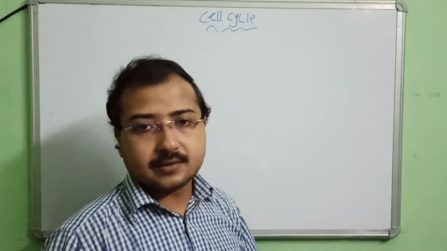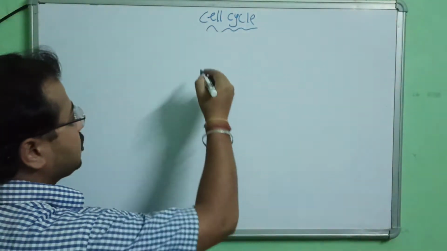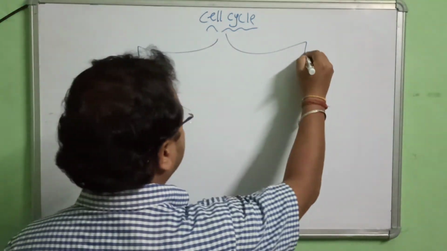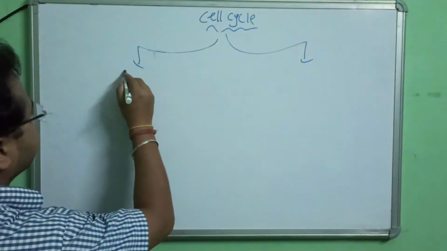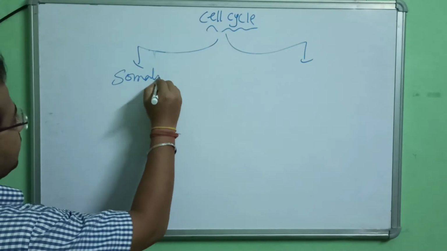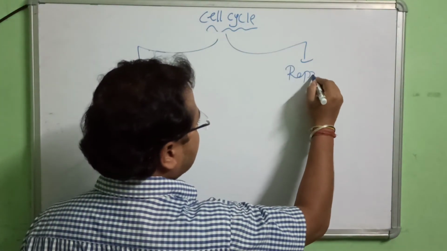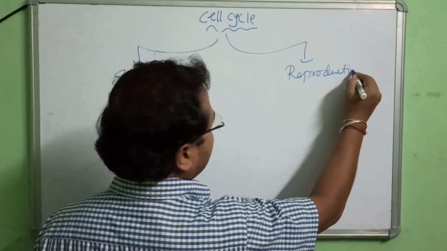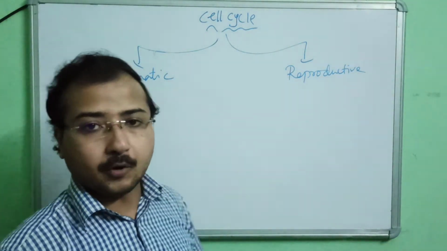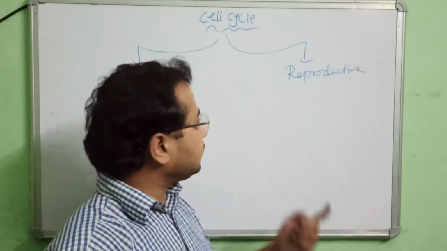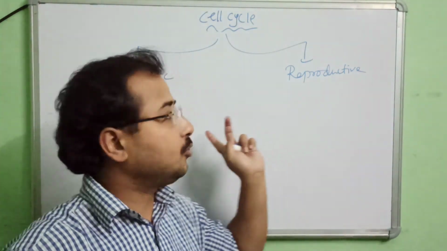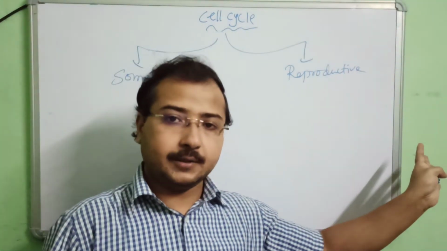Okay, after interphase, we have 2 types of cells in the body. One is somatic cells and another is reproductive cells in our body. After both these cells undergo interphase, so both of them crossed interphase already.